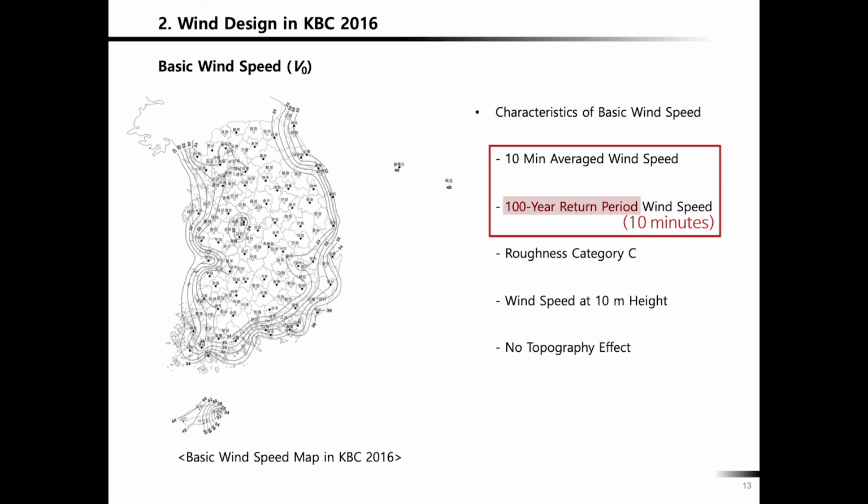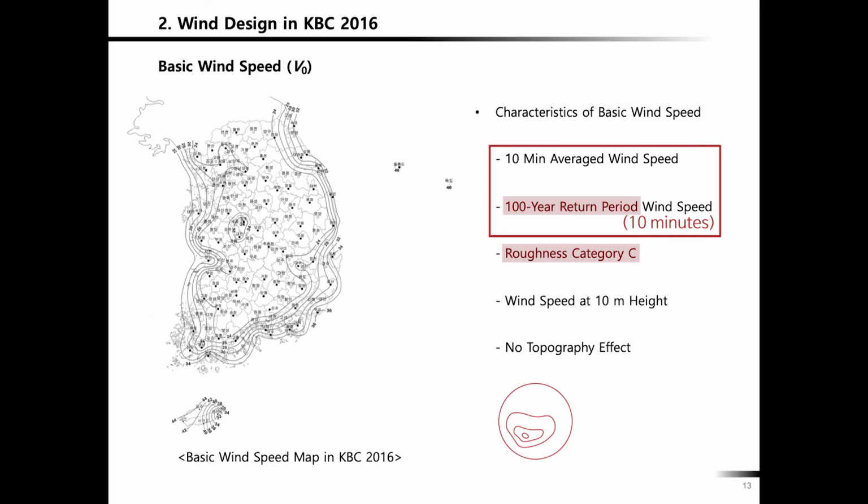And with the assumption of a roughness category of C and the level of a 10-meter height without any topography effect. So if there's a site, this kind of a site, and then there's a little bit of a hill like this, so that it's higher than the other area.